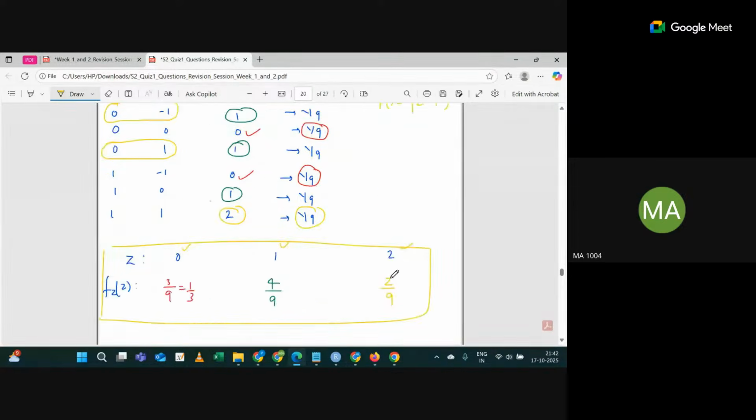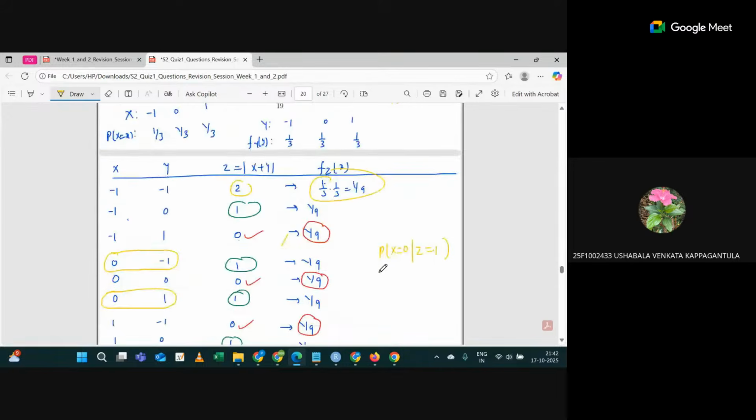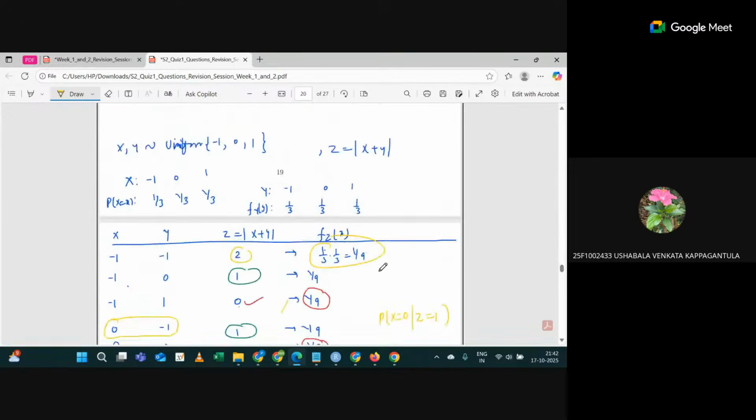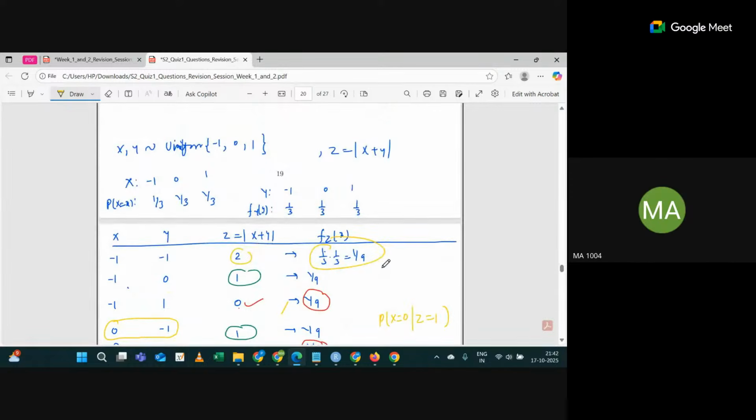We have 9 cases of x plus y, and each is one case, so it is 1 by 9. You can also think x and y are independent, so the probability is 1 by 3 into 1 by 3, which is 1 by 9.